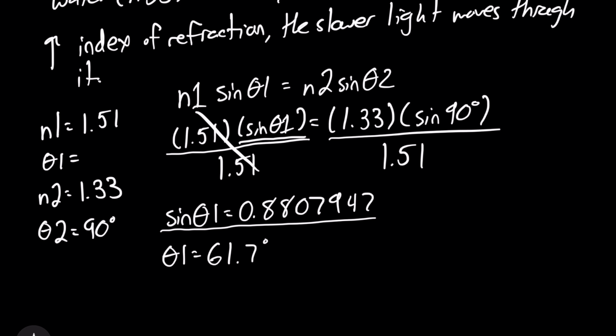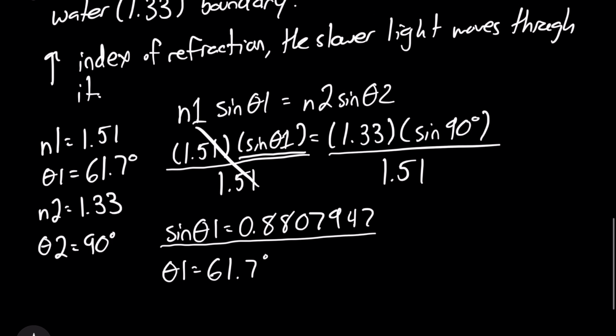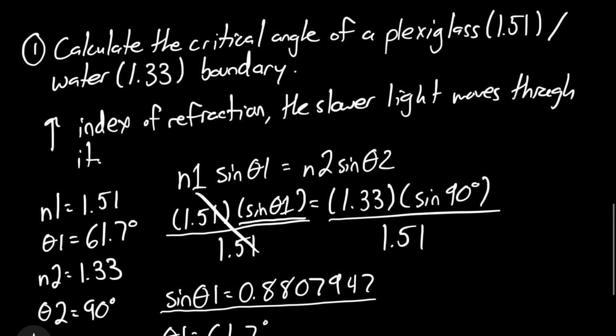Okay. So that will be our critical angle. Whenever light hits a plexiglass water boundary at 61.7 degrees, our angle of refraction will be 90 degrees. So 61.7 degrees is our critical angle.